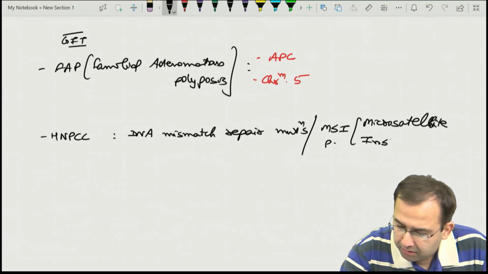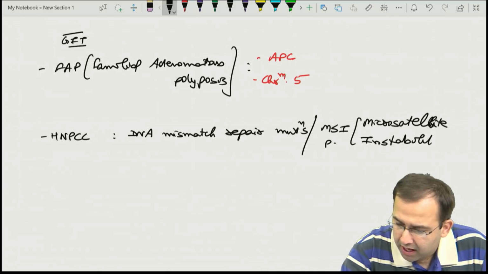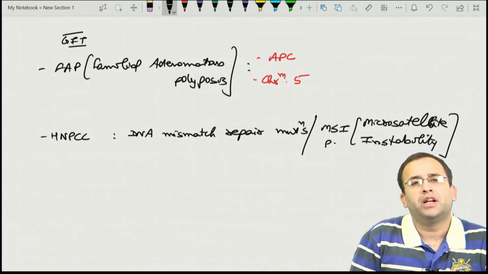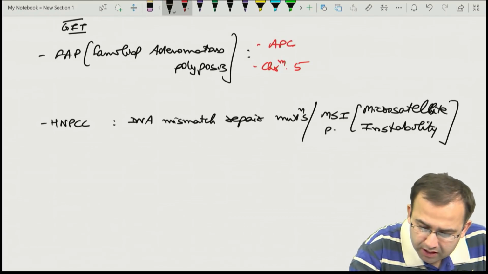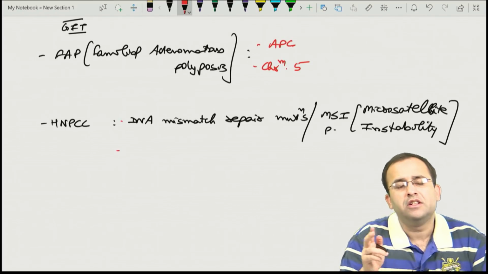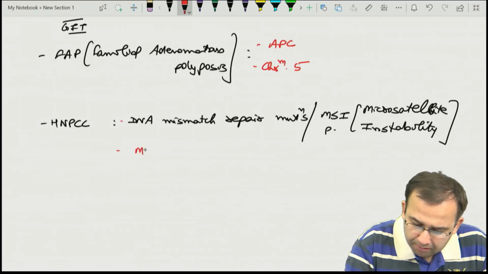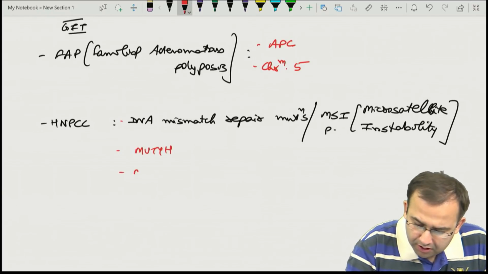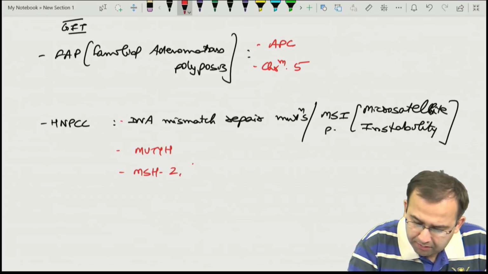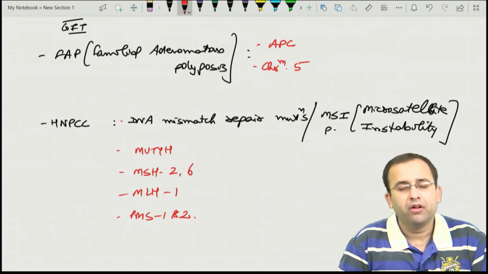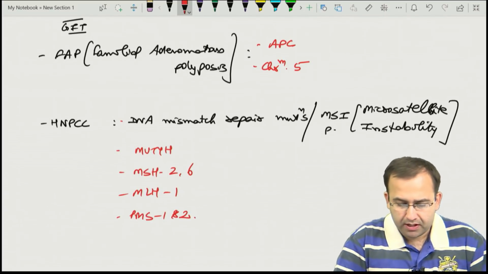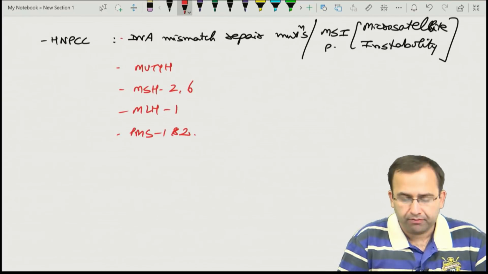The genes involved in MSI start with M: MUTYH, MSH2, MSH6, MLH1. Only exception is PMS1 and 2. This is GIT HNPCC.